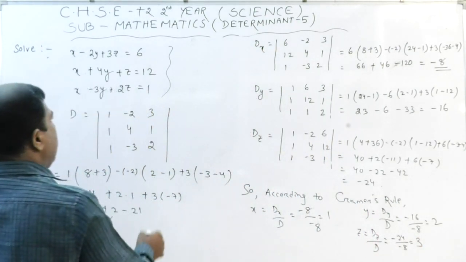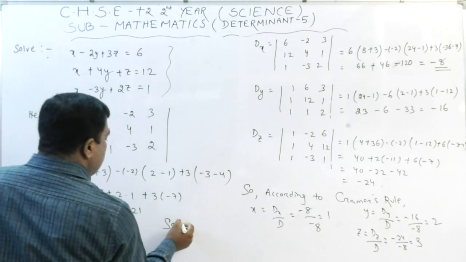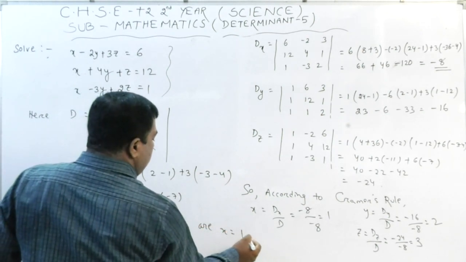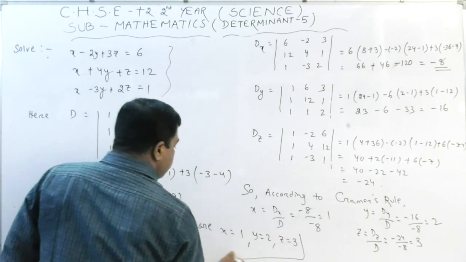Hence we get the solutions: x equals 1, y equals 2, and z equals 3.